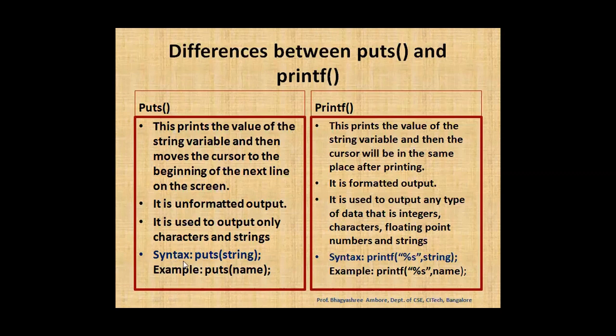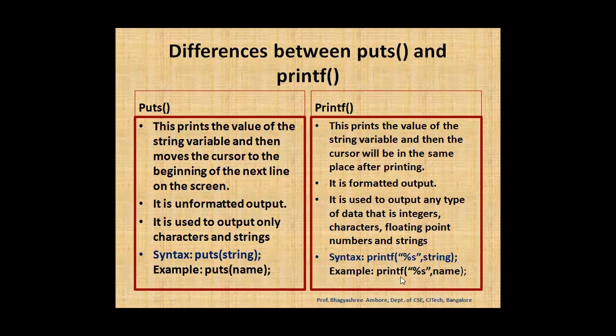What is the syntax of puts? Puts always takes a string variable or a string constant. With printf, percentage s is used to print a string, so you have to give the character array name there. For example, puts(name). Here I want to print the name, so I just write the puts function and pass whatever I want to print, the array name.